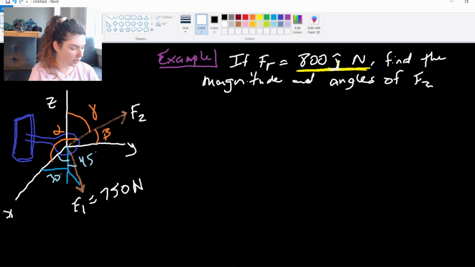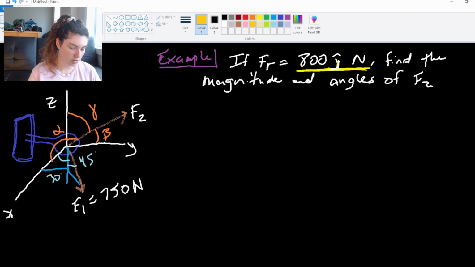We can see over here in our diagram that alpha, gamma, and beta have been written in for us to give us a sense of the orientation, but we have to find what each of those values are, as well as the value of F2.